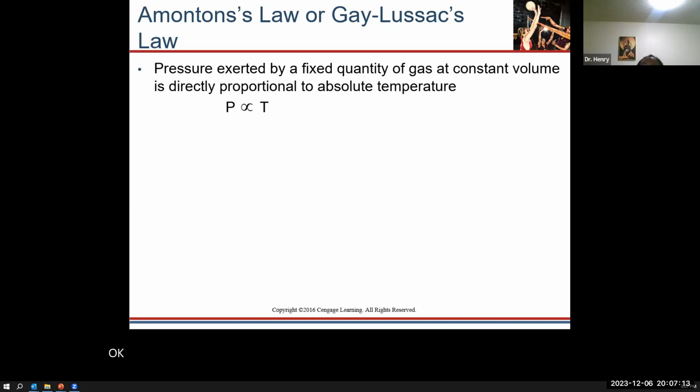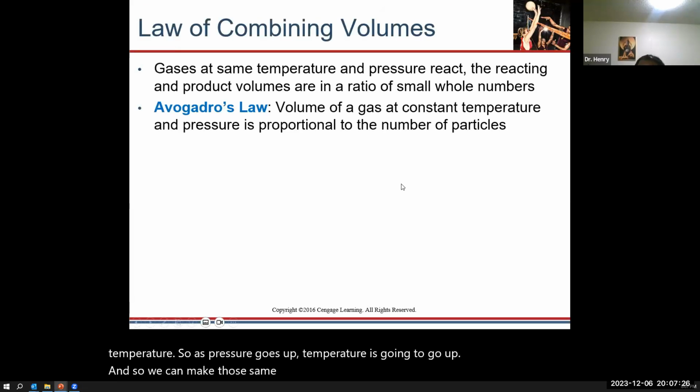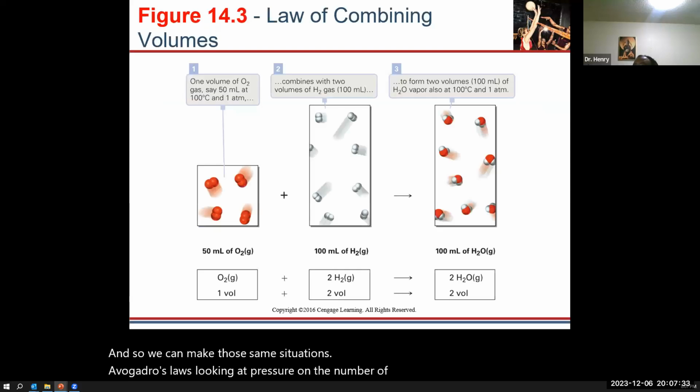So Amontons' law basically says that pressure is going to be directly proportional to temperature. So as pressure goes up, temperature goes up. And so we can make those same inferences. Avogadro's law is looking at the number of particles and volume.